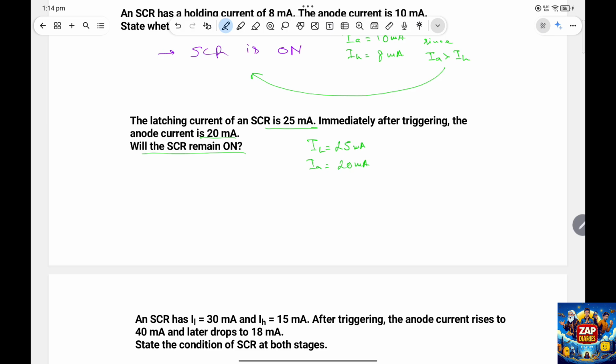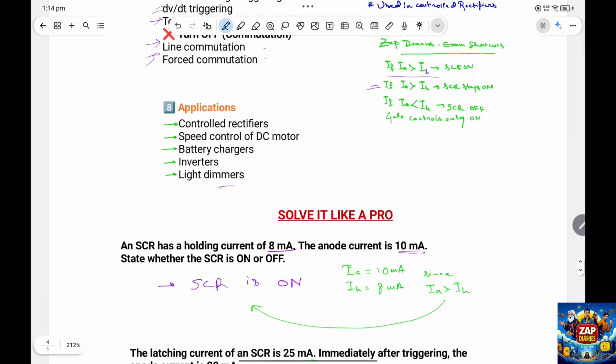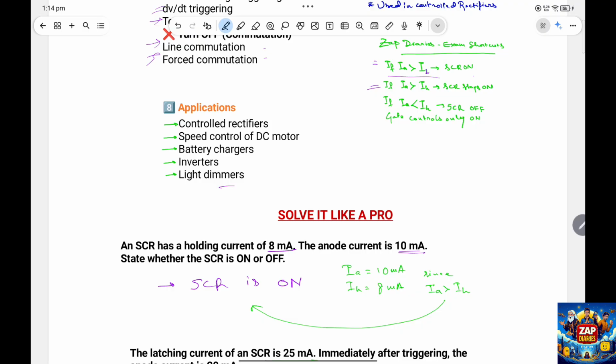So from the shortcut, we know, you follow this one, the SCR stays on if the anode current is greater than the latching current.